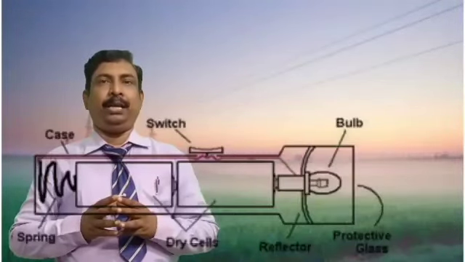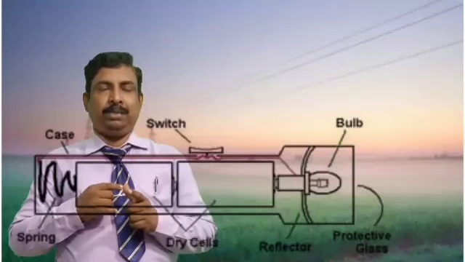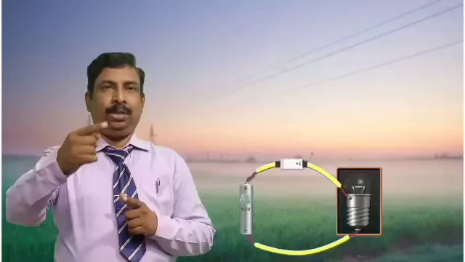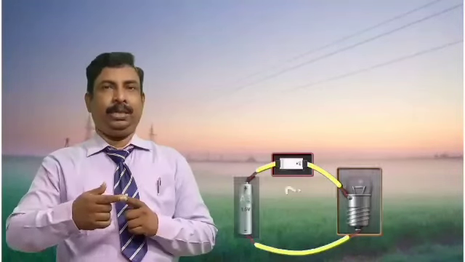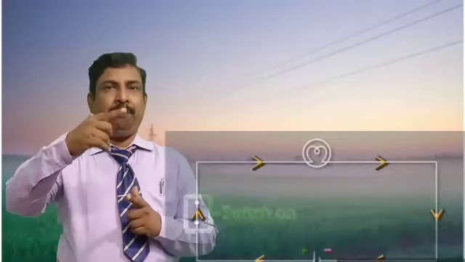For example, in a torchlight, the battery's power supply is connected to the switch, and the switch is connected to the bulb, and the bulb is again connected to the battery. When the switch is closed, we say the circuit is closed. The complete path of continuous flow of electricity is possible, so continuous flow of charge is possible in an electric circuit.